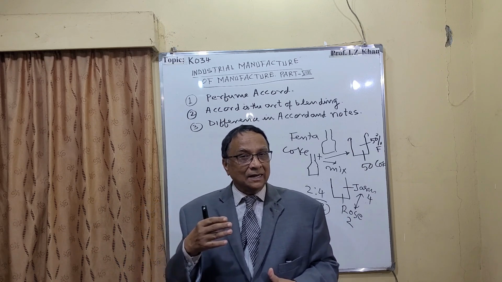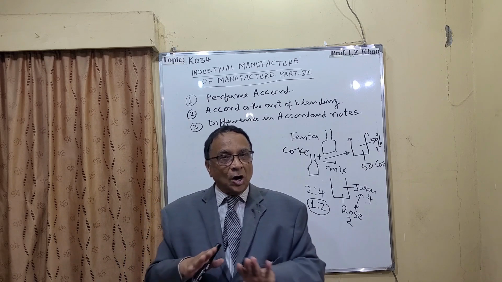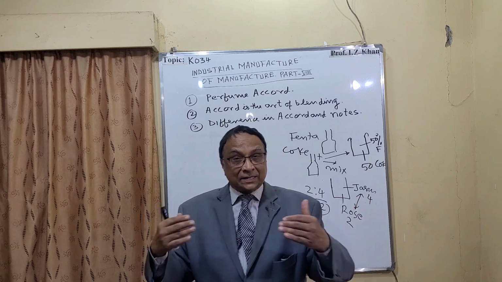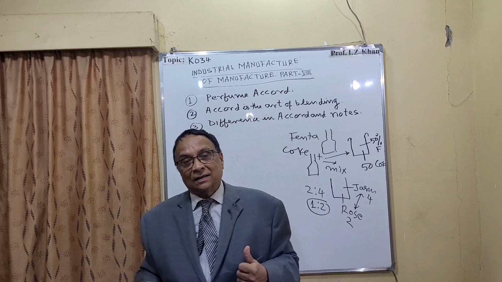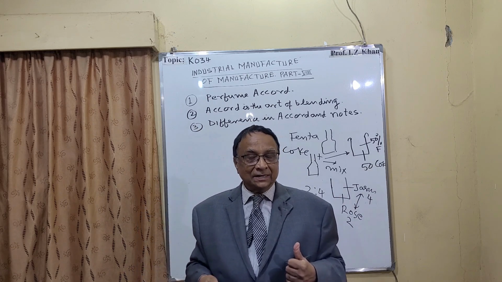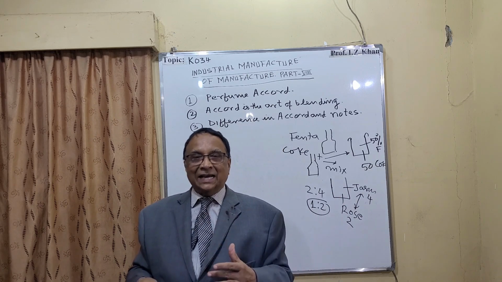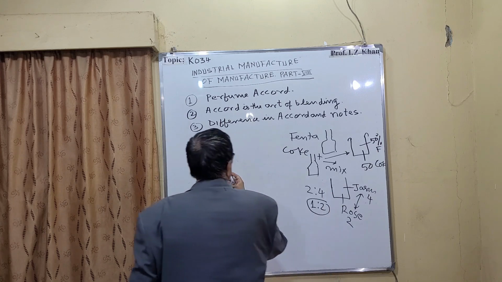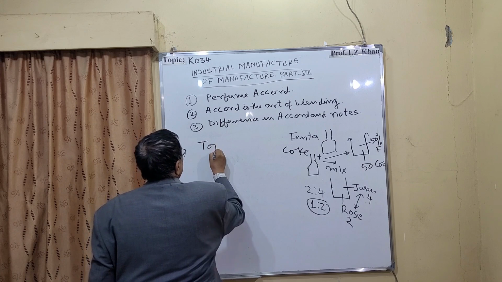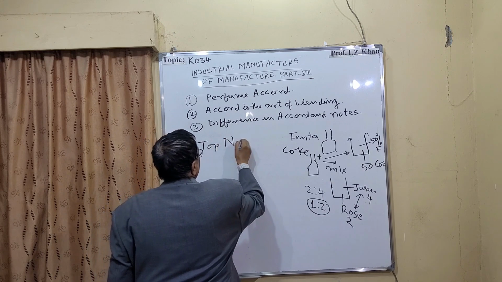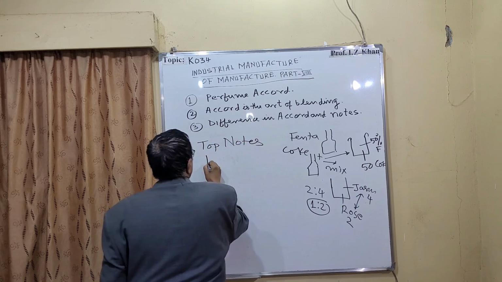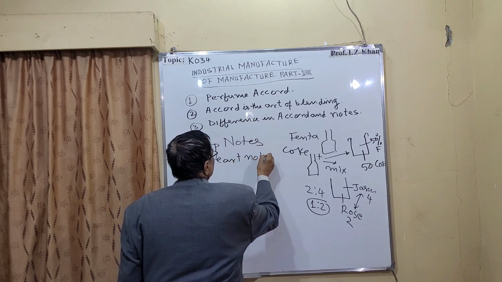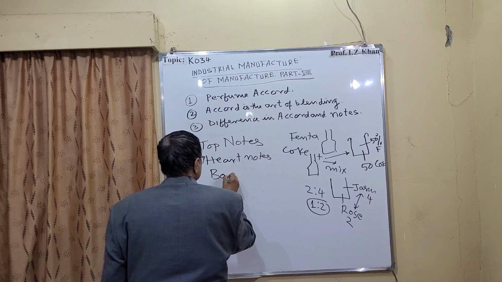And then after some time, the top note will disappear. This is the chemistry behind the perfume fragrance. And then the second one will come, that is called heart notes. So one is top notes, then heart notes, and then base.